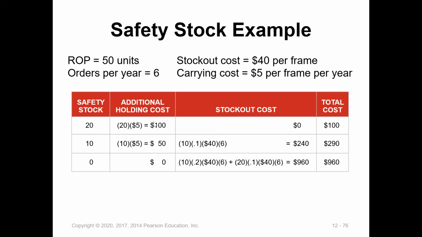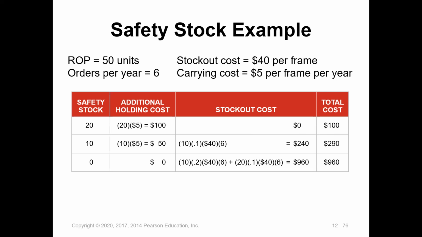So the safety stock is 20. 20 times 5, because holding each unit will cost us $5. 20 times 5 is 100. Stockout cost: no stockout.